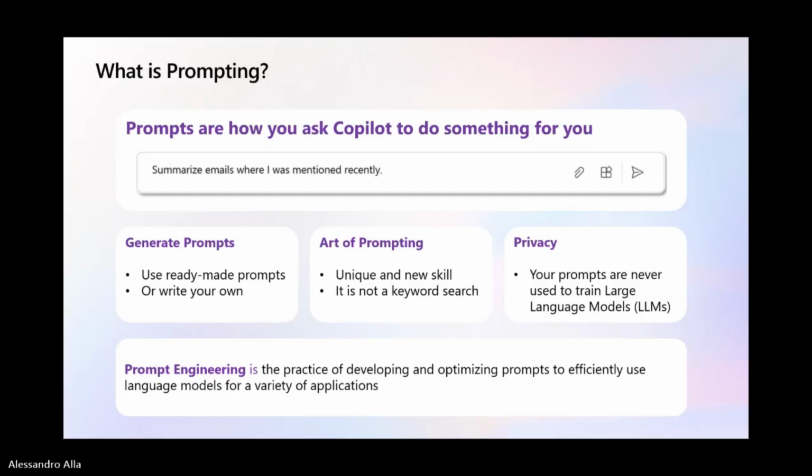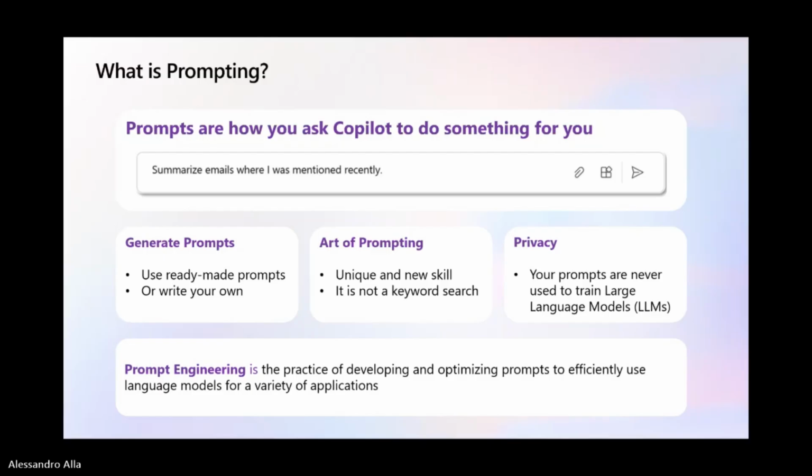For example, summarize the attached document or summarize the mail that was mentioned recently. You can use predefined prompts or create custom ones based on your needs. It's important to recognize that prompting is an art form and it requires creativity and is different from simply keyword search, as we said before.